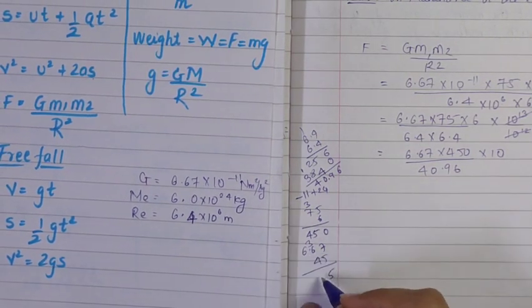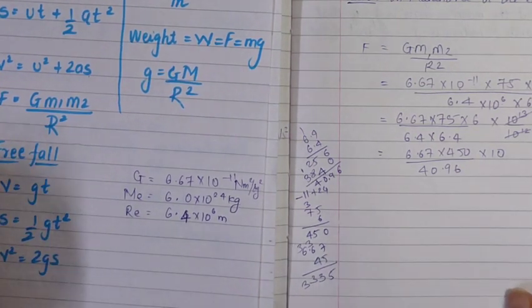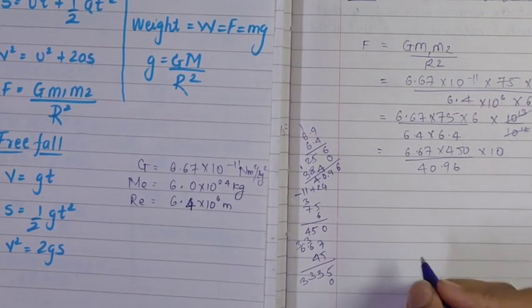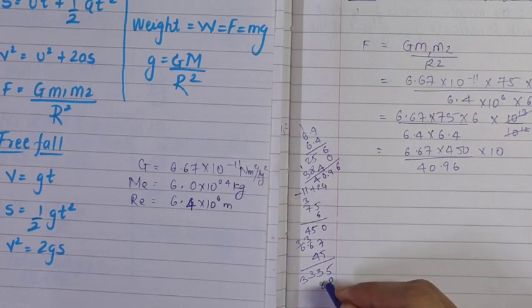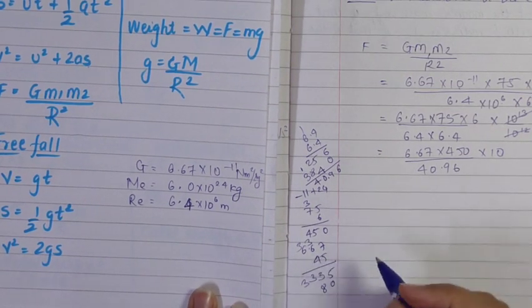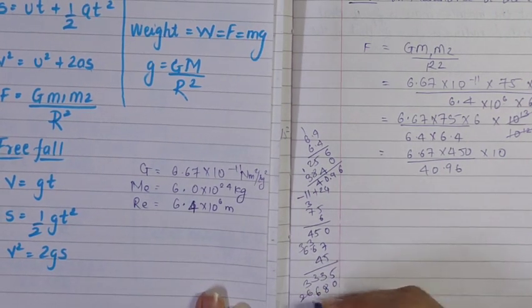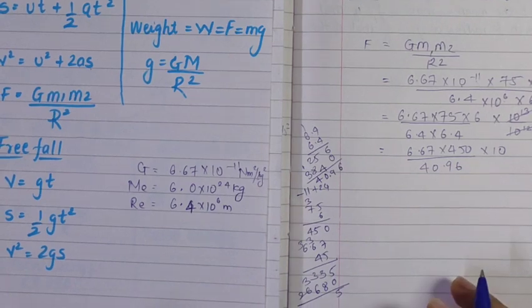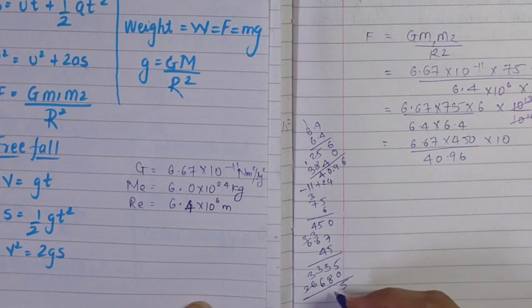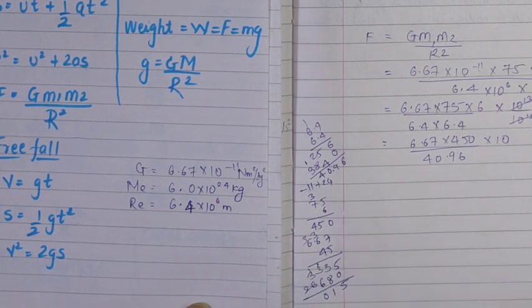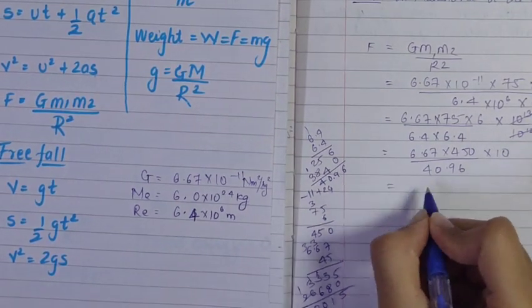This is 33. This is 33 again. Next 0, then 28, 2 carry over, 24, 25, 26, 2 carry over, 24, 25, 26, and this will be 5, 8, 9, 10, 11, 10, 1.